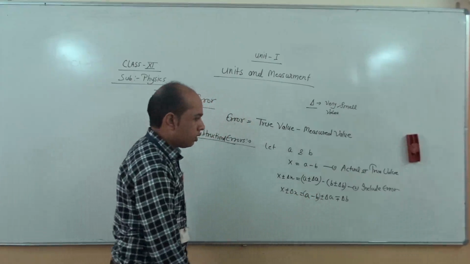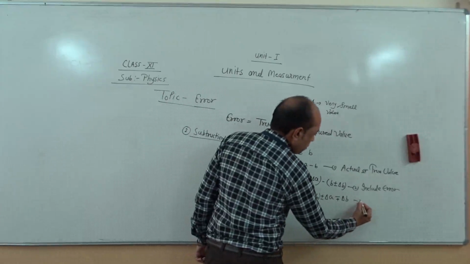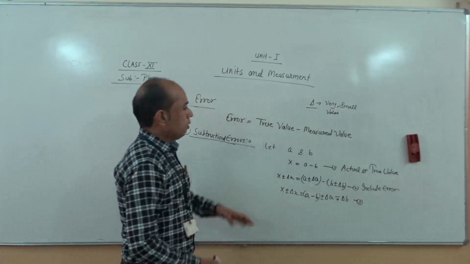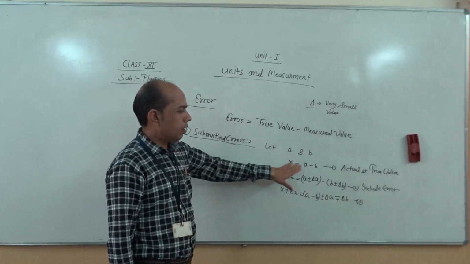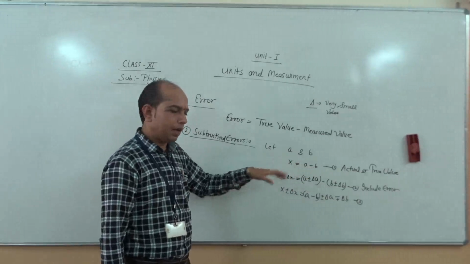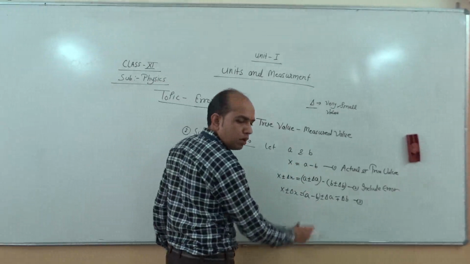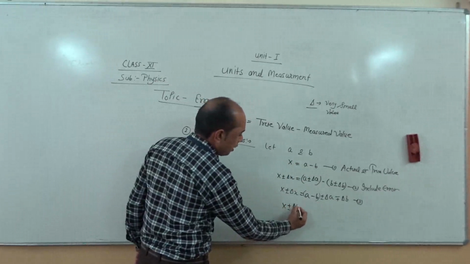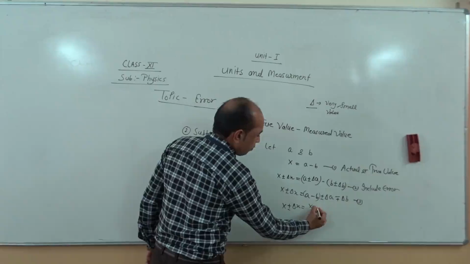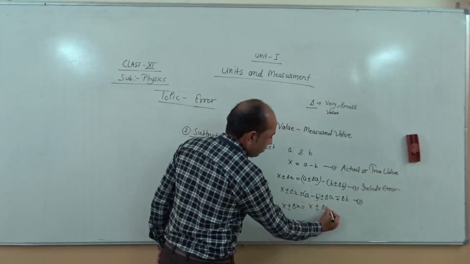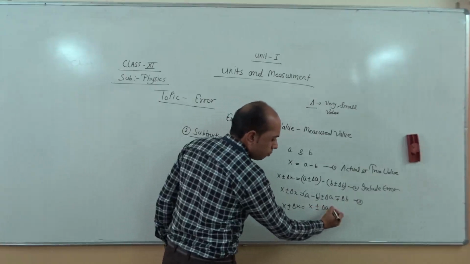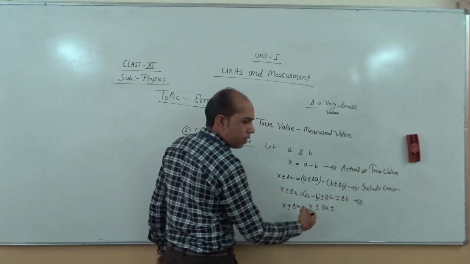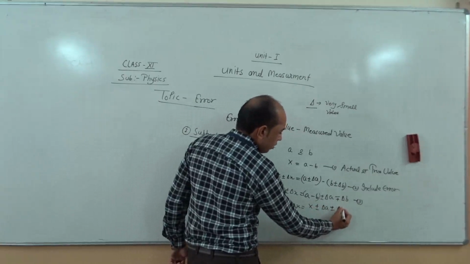So again what we observe here, a minus b equals x. So a minus b is to be replaced by x. So x remains the same, plus minus del of x, x plus minus del of a, minus plus, which may be written as plus minus or minus plus, del of b.